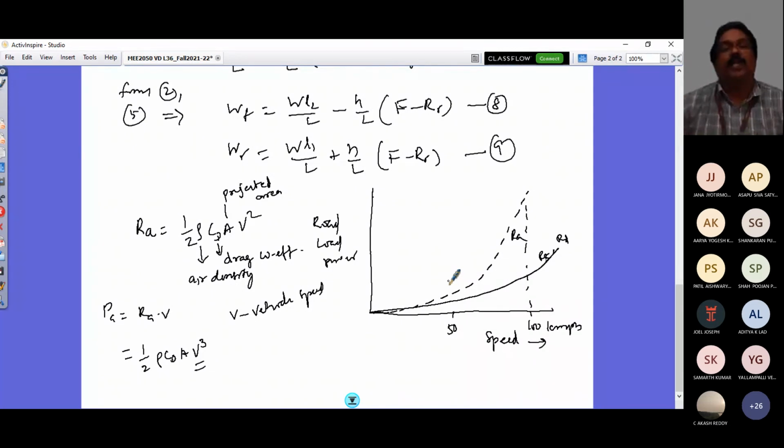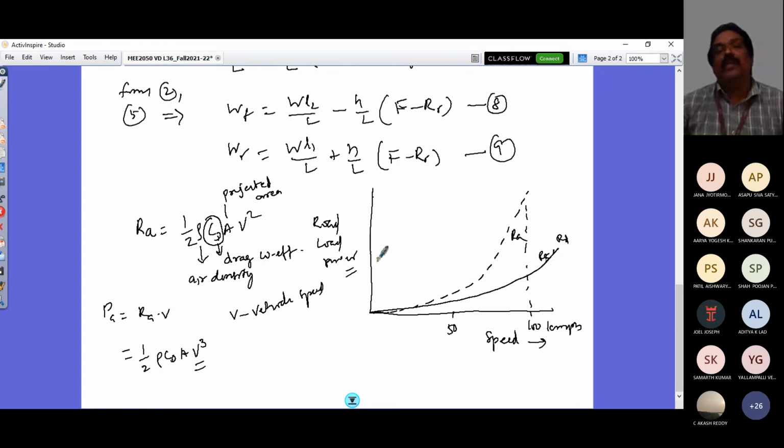There are wind tunnel tests, either on a prototype vehicle or a real vehicle, carried out to estimate this resistance and hence the value of CD. It's around 0.43 for a passenger car, right? At higher speeds, the resistances are more. All this is to be overcome, and that's what we call road load power.